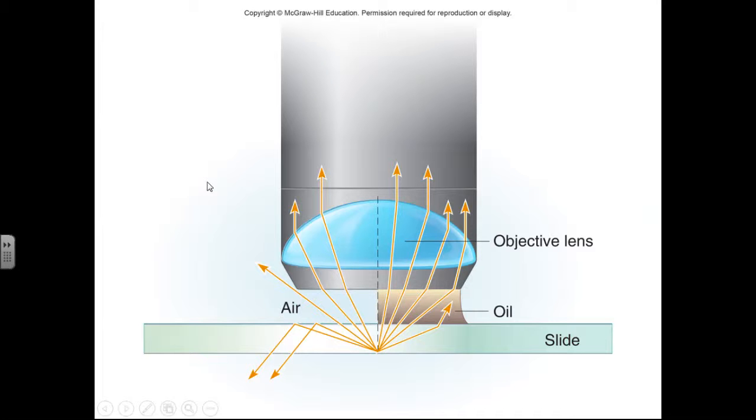This is the same principle that's behind a prism or an optical prism. When we use oil immersion lens oil, that oil sits in between the 100x objective lens and the slide that we're looking at, and it makes it so that the light does not bend as much. By using oil on an oil immersion lens, we make it so that more light goes into the microscope so that it's easier to see what we want to look at.